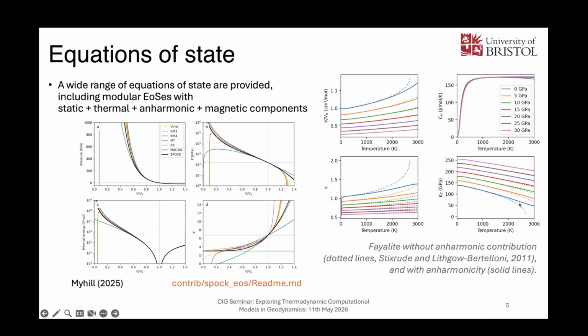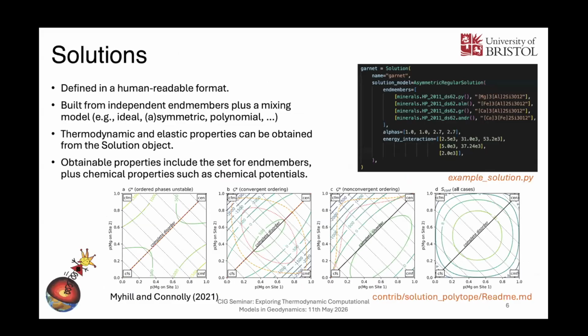You can see that without anharmonicity, you get this decline of the bulk modulus until it reaches zero, and then your equation of state fails. But if you include an anharmonic term, nothing fails and everything behaves quite nicely again. And so this is a nice way to play around with various different bits of equations of state.